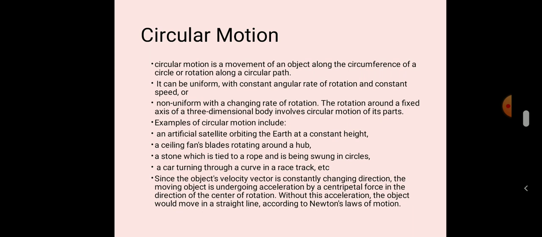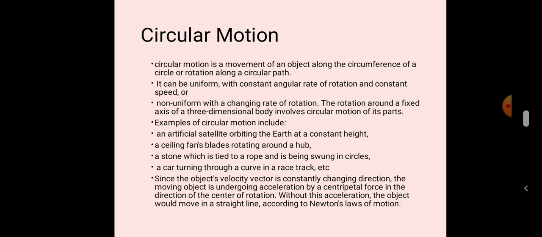Circular motion can be of two types: uniform circular motion or non-uniform circular motion. In uniform circular motion, the object is moving at a constant angular rate of rotation and the speed is constant. Whereas in non-uniform circular motion, the rate of rotation is changing.